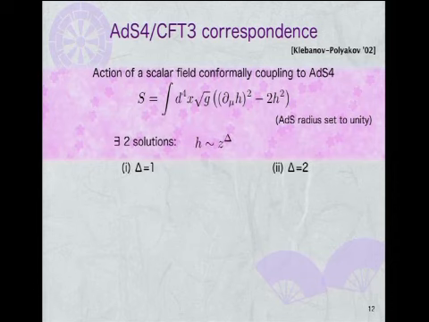And by tuning this mass term, you can find two solutions, one of which behaves like z near the boundary, and the other is z squared near the boundary.